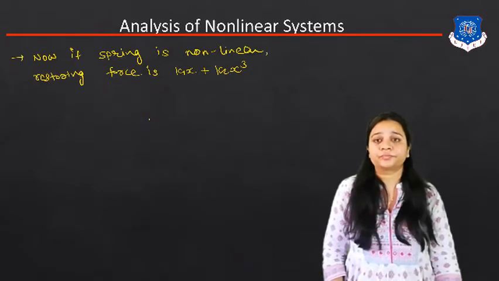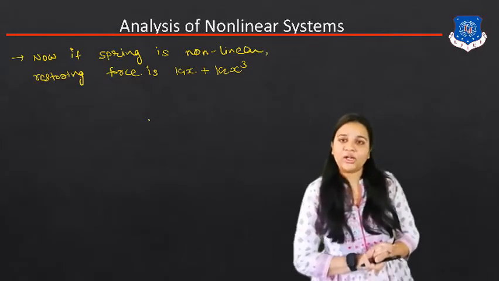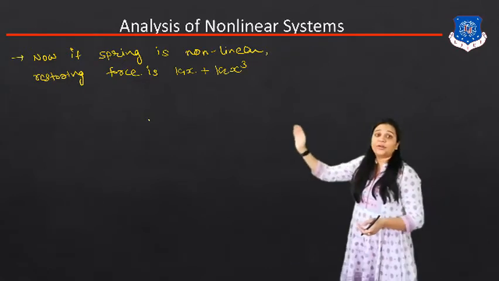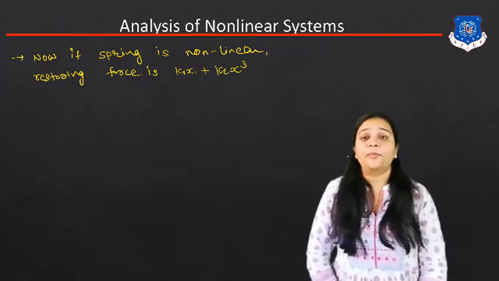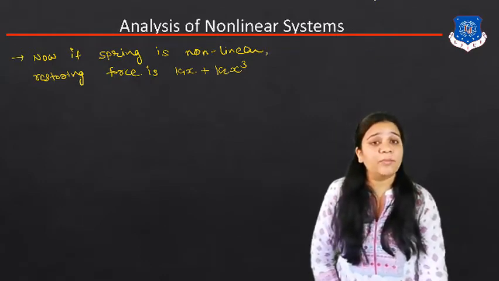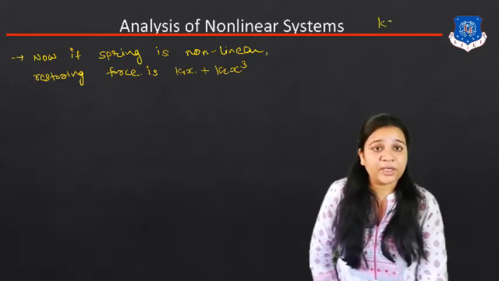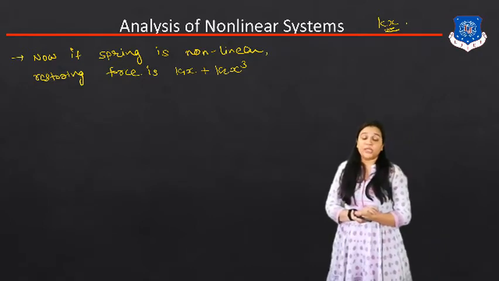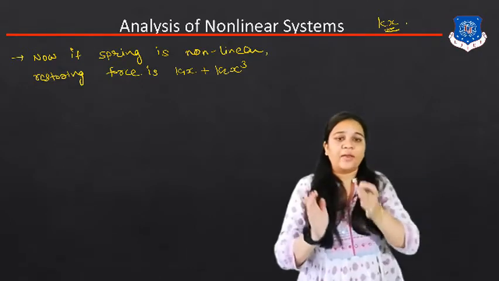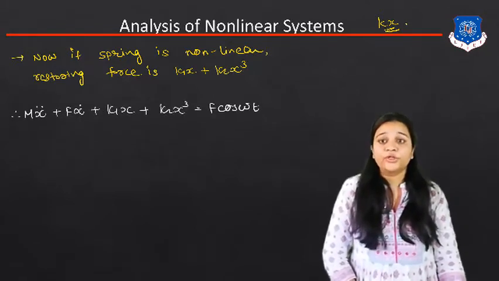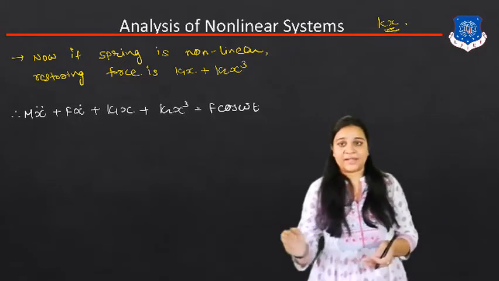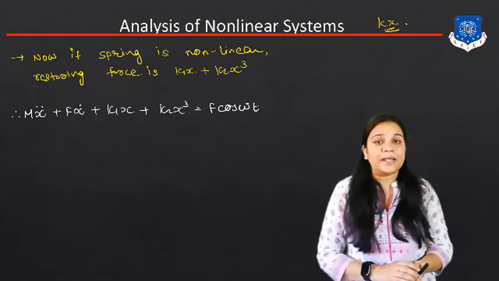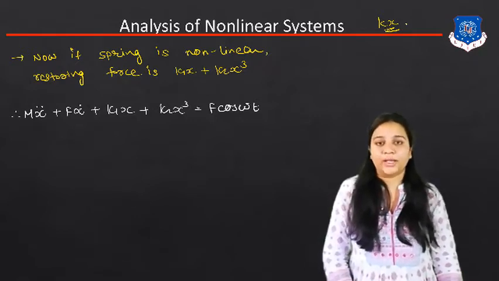Now if the spring is non-linear, the restoring force is K1x plus K2x cubed. If the system is linear, we simply write the equation for the spring as K times x, but if the spring is non-linear, the equation of the spring becomes K1x plus K2x cubed. So the equation becomes m x double dot plus f x dot plus K1x plus K2x cubed equals F cos omega t.